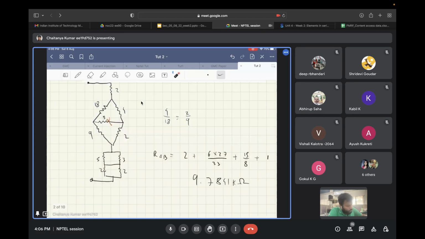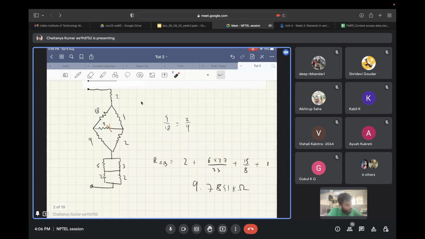So this is what you get as the final equivalent network. So you have a 2 kilo ohm resistor, then you have an 18 and 9 kilo ohm resistor, and 4 and 2 kilo ohm resistor in parallel. Then you have 5 and 3 kilo ohm resistors in parallel, and then two 2 kilo ohm resistors in parallel.